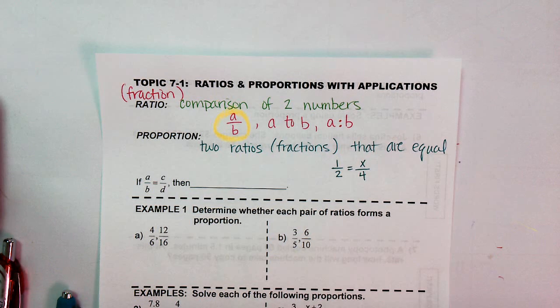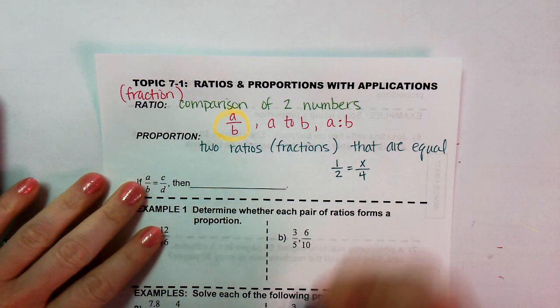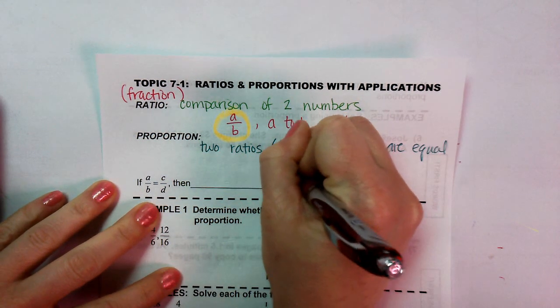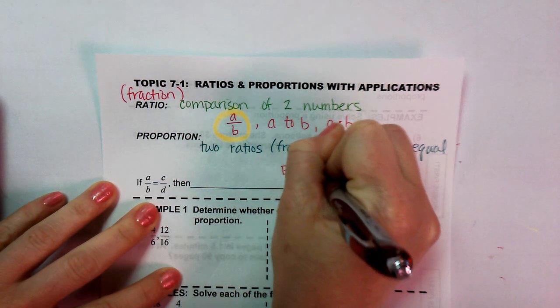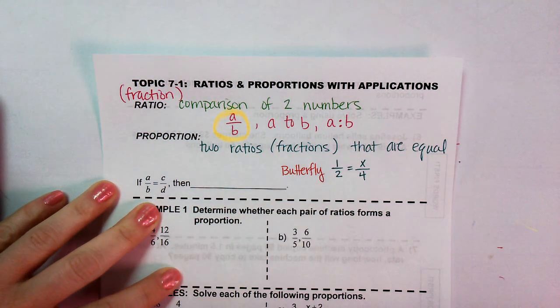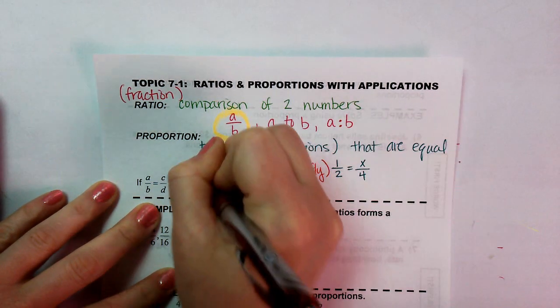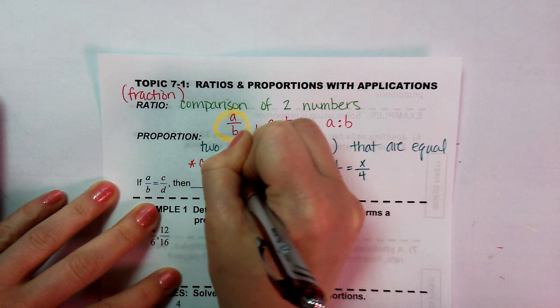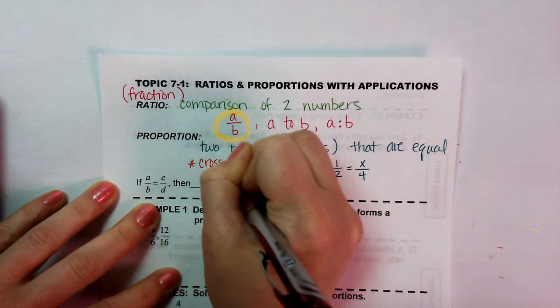All right. So, the butterfly method is what usually people teach. That's not the actual name to it, right? So the actual name is to cross multiply or cross product.